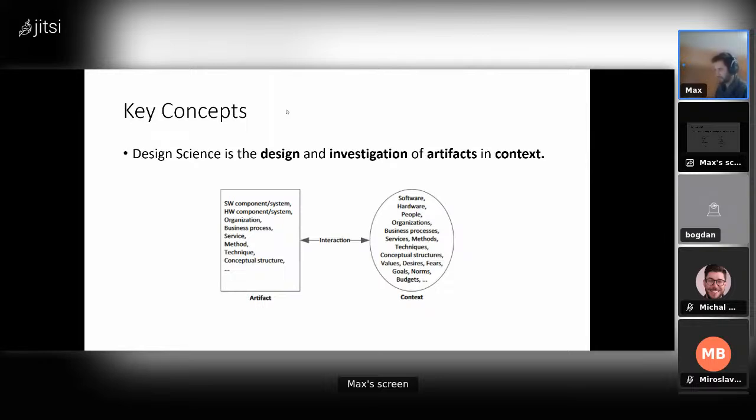So you also have software, hardware, organization, business processes. All artifacts can be context, but not all contexts can be artifacts. For example, people cannot be artifacts. Goals, norms, budgets, these things cannot be artifacts. So really, an artifact is the creation of anything that will have some purpose within its context.